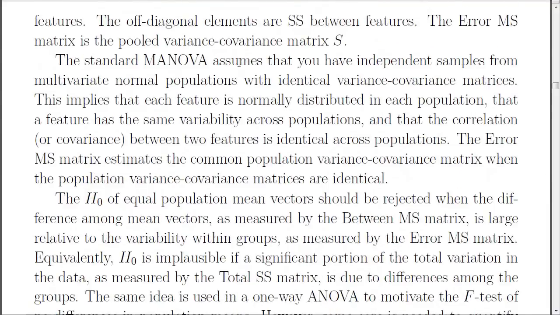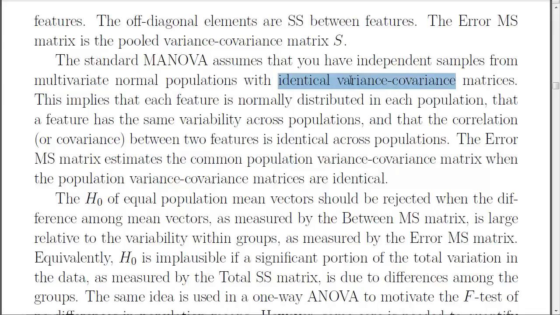Our assumptions are that we have independent samples. That is, each turtle was sampled independently, and the probability of one of those turtles being sampled didn't depend on which other turtles were sampled, and that they follow multivariate normal populations. That means that ideally our cloud of points would be like an ellipse, so that if you were to project the points in any direction, you'd get a univariate normal distribution.